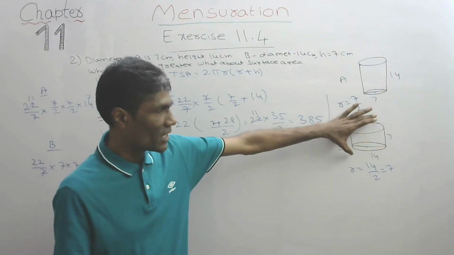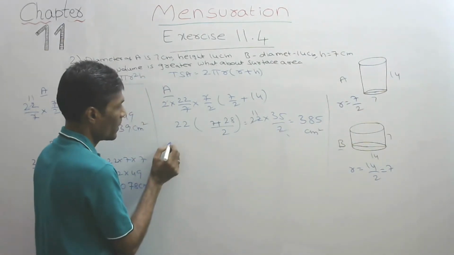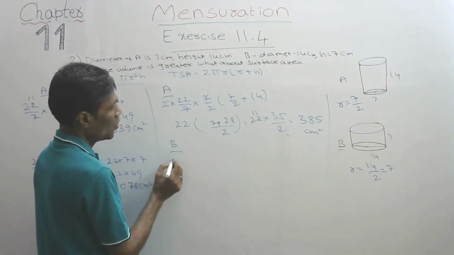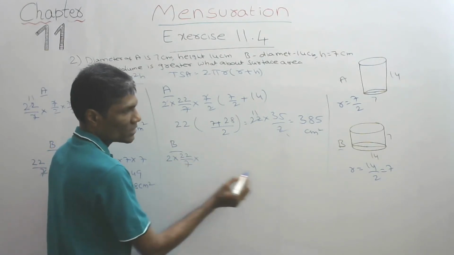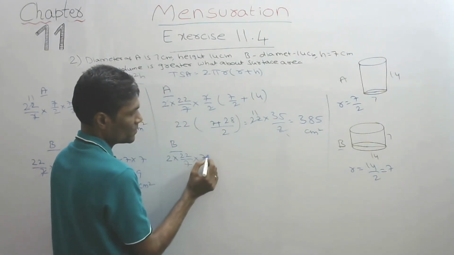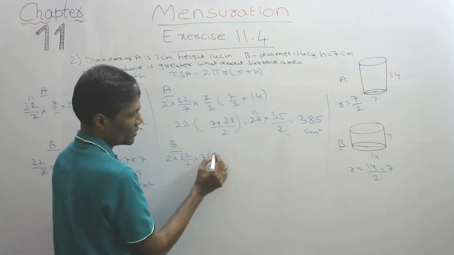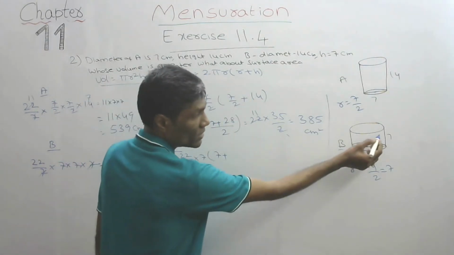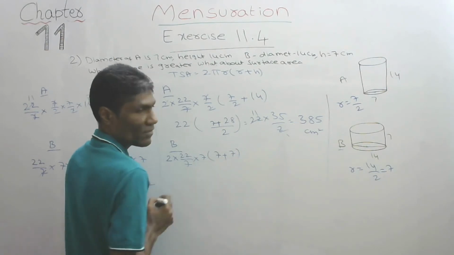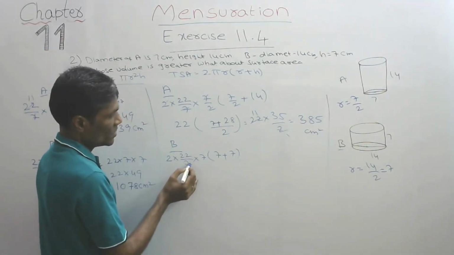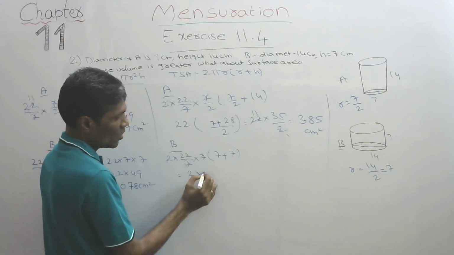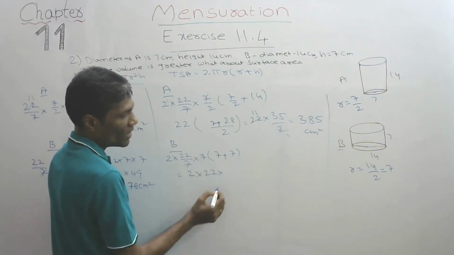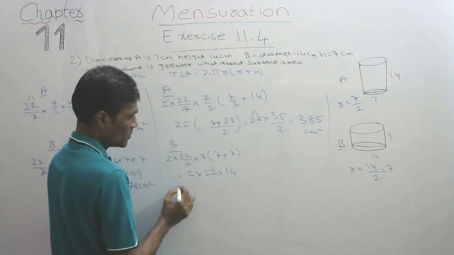Now let us calculate for B. 2 pi r, what is r? 7. r plus h, 7 plus h is 7. 7, 7 cancel. So 2 into 22 into (7 plus 7, 14).